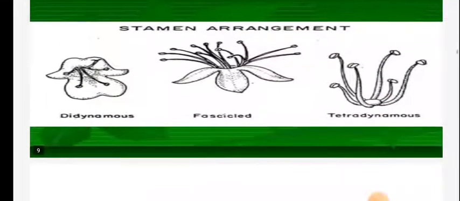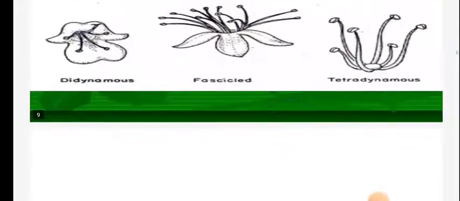Then stamen arrangement, didynamous. Here you are observing two are smaller, two are larger. Then fasciculated, so they are spread and attached at the base. Then tetradynamous, two are shorter, four are longer. Tetra means four, di means two. So remember this part.